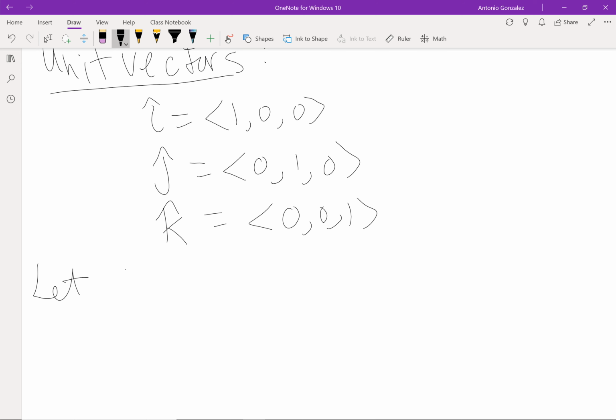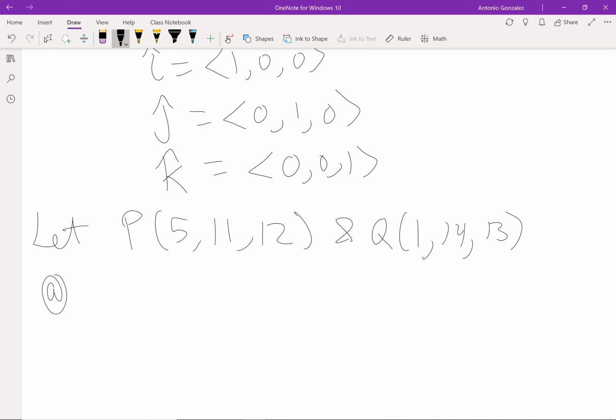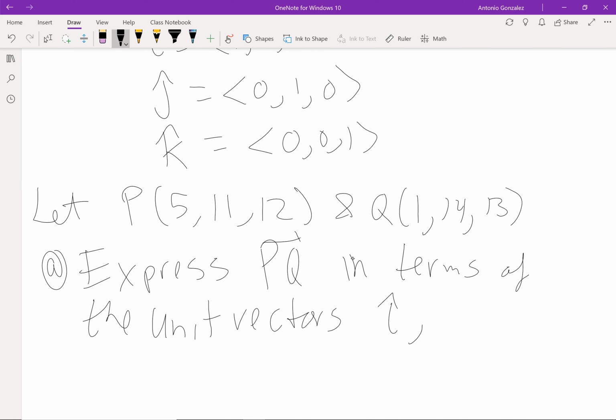Let the point P be (5, 11, 12) and Q be the point (1, 14, 13). So I would like to express PQ in terms of the unit vectors i hat, j hat, and k hat.